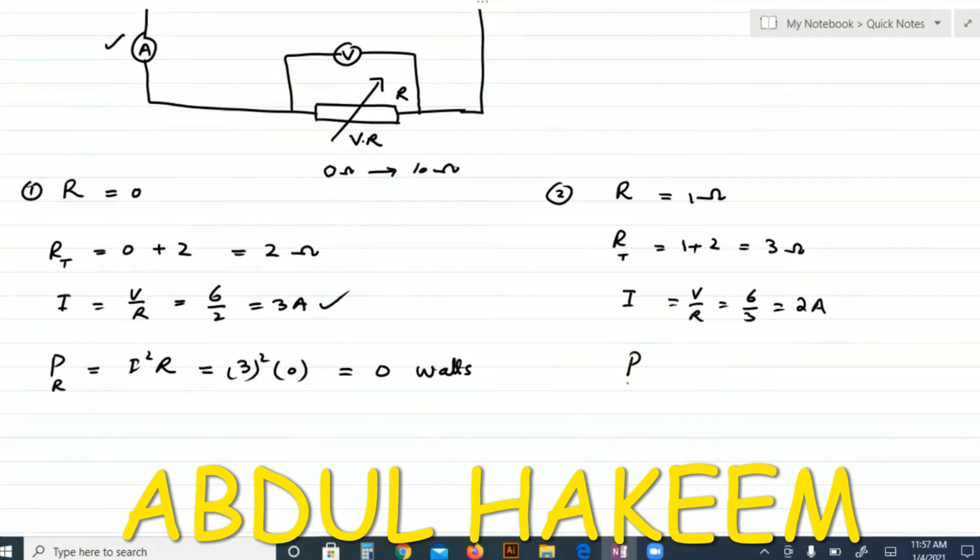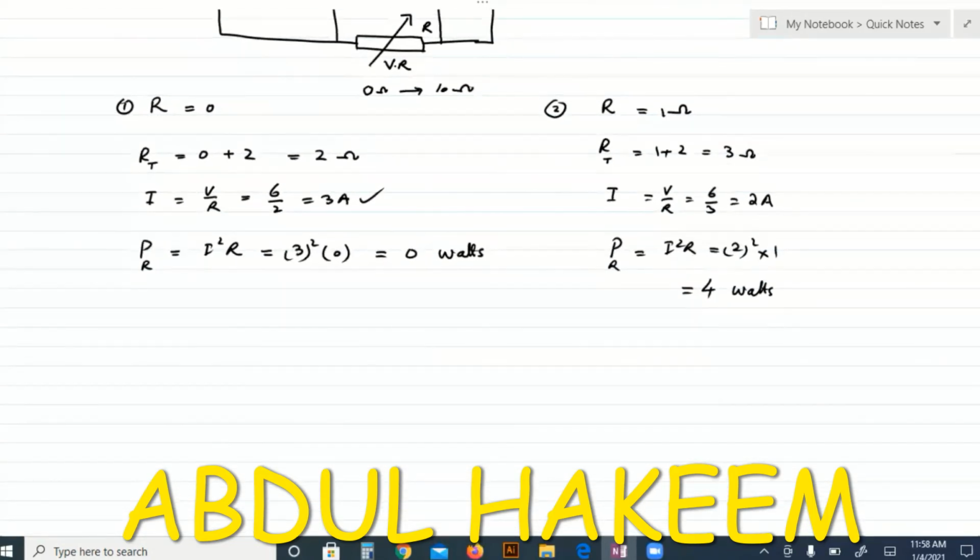So the power across the external resistor, I square R, means 2 square multiplied by resistance 1, so it becomes 4 watts. Look, current decreases and the power increases from 0 to 4.